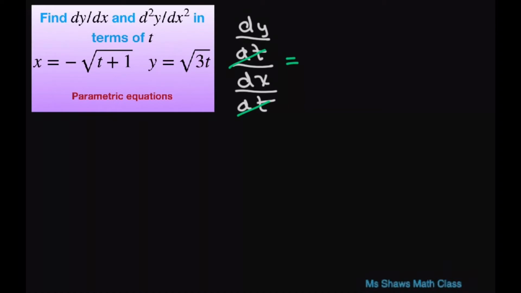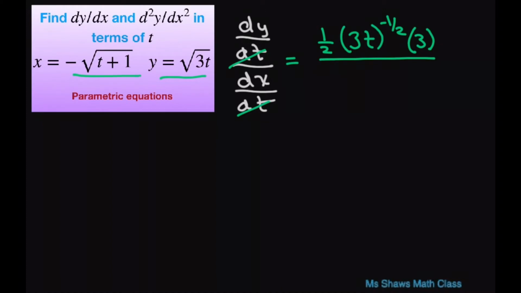So we're differentiating our y, and our y is going to be 1/2 times 3t to the power of negative 1/2 times the derivative of the inner function, which is 3. And the derivative of our x is going to be negative 1/2 times t plus 1 to the power of negative 1/2.